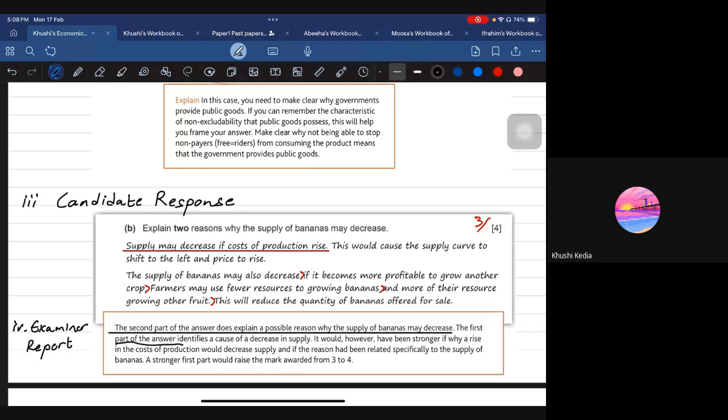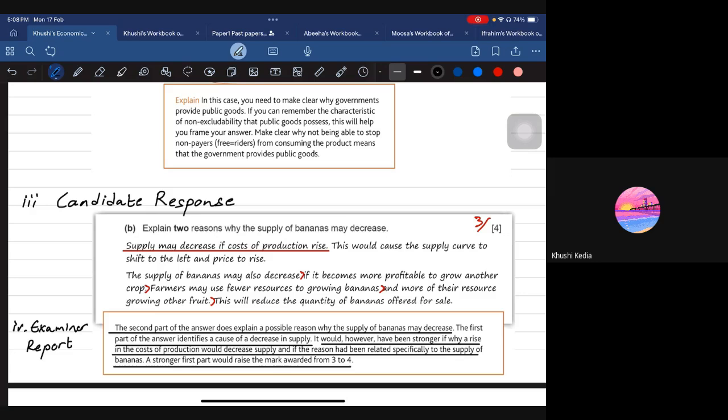The first part of the answer identifies the cause of a decrease in supply. It would, however, have been stronger if why a rise in the cost of production would decrease supply and if the reasons had been related specifically to the supply of banana. The stronger first part would raise the marks awarded from 3 to 4.